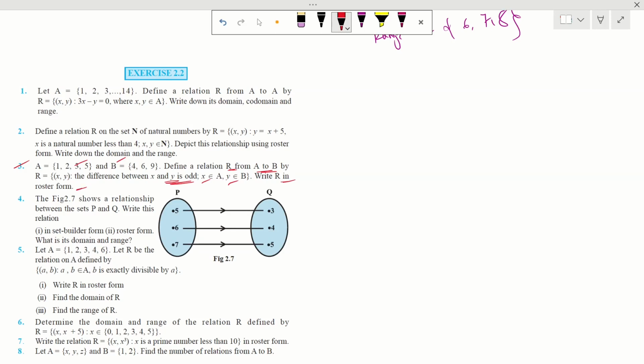The set A is given as 1, 2, 3, 5, and B is given as 4, 6, 9.